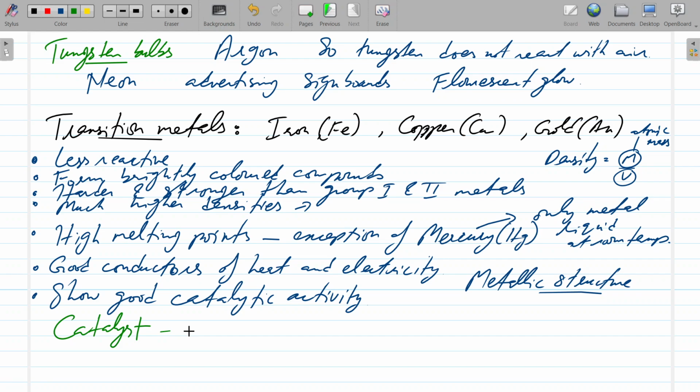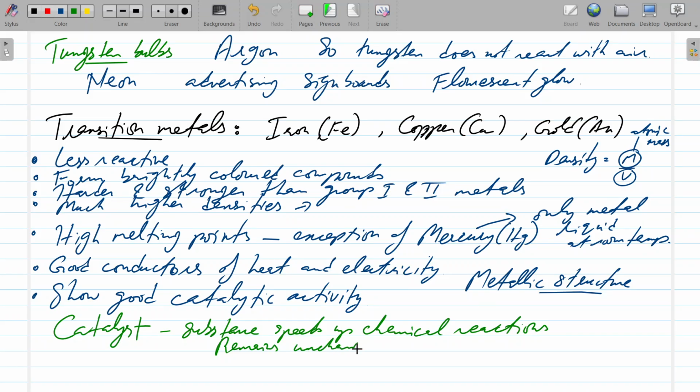A catalyst is a substance that speeds up chemical reactions and also remains unchanged at the end of the reaction.